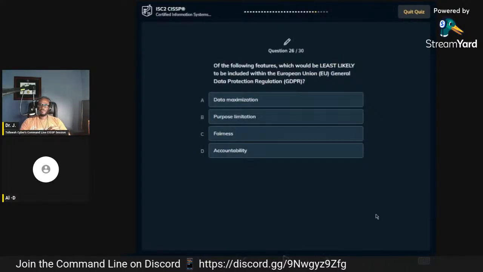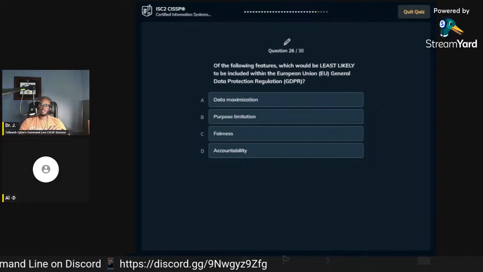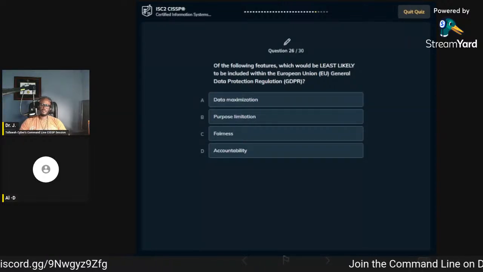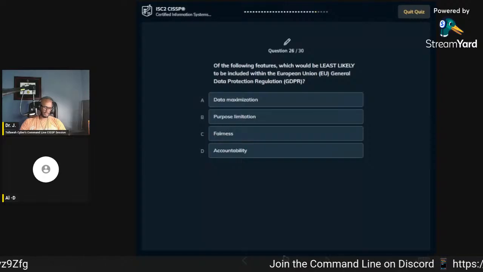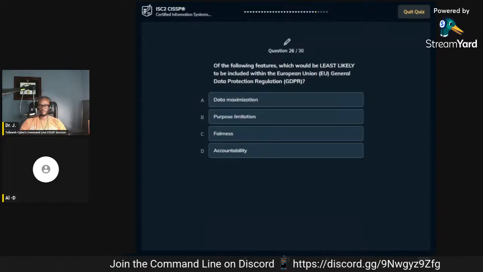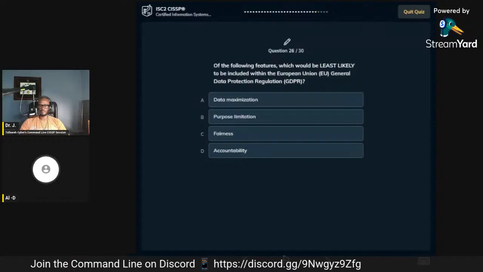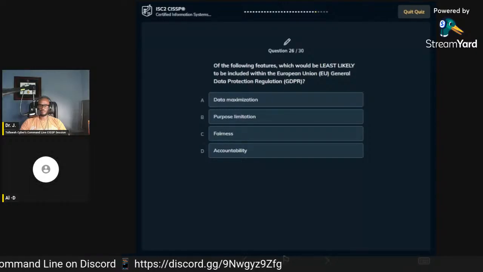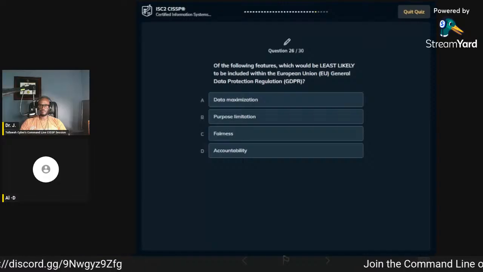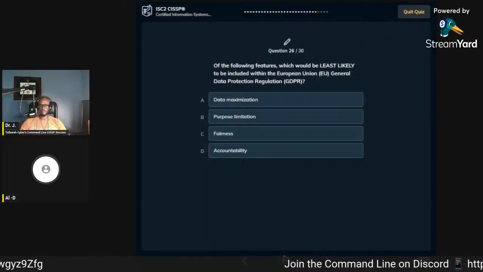Of the following features, which would be least likely to be included within the European Union General Data Protection Regulation, or GDPR? Well, I know purpose limitation is in there. Would it be data maximization?